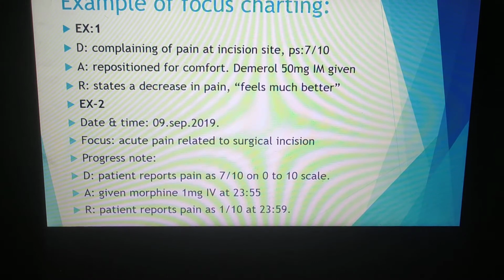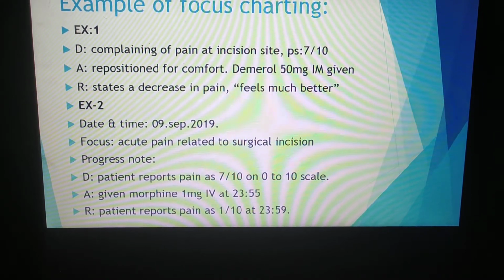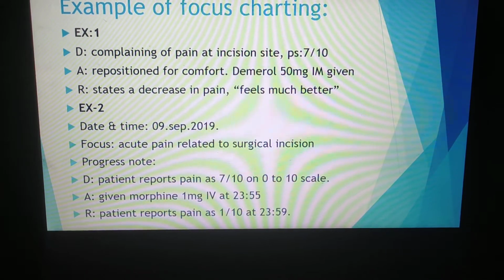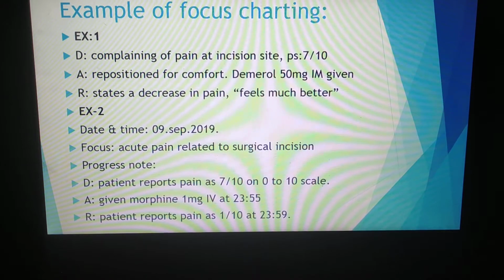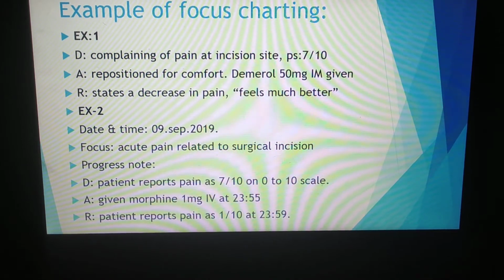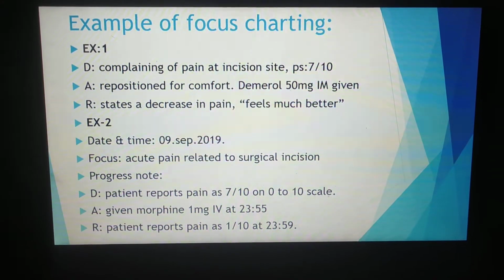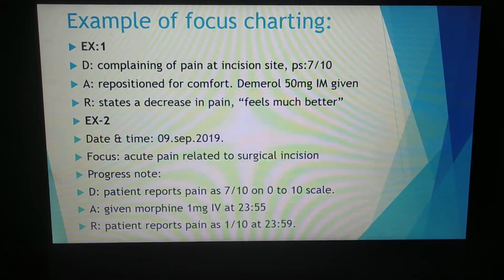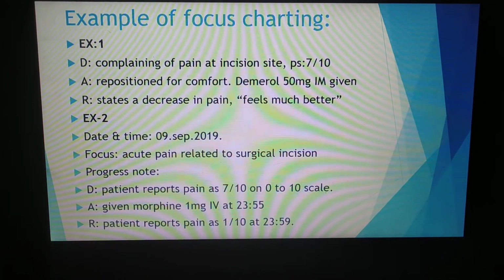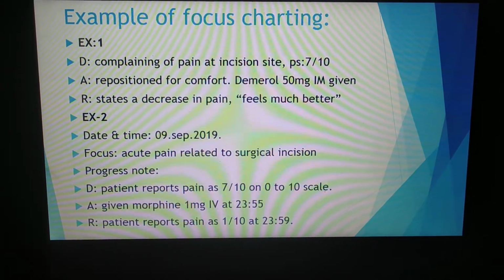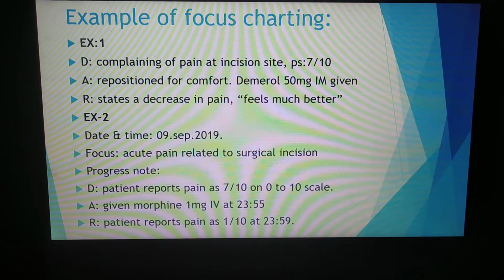The progress note should be included like this: patient reports pain as 7 out of 10 on the 0 to 10 scale, and morphine 1 mg IV was given at 11:55 p.m. The patient reports again a decreased pain score of 1 out of 10.